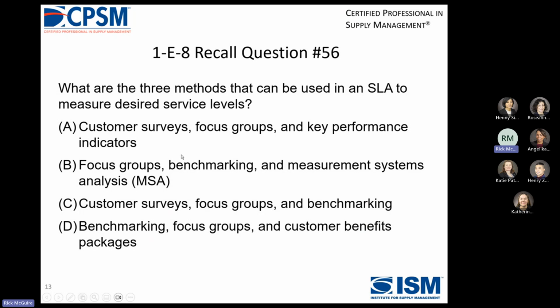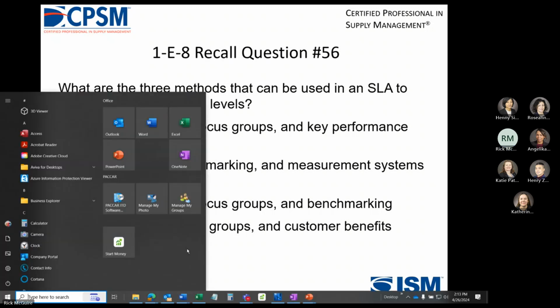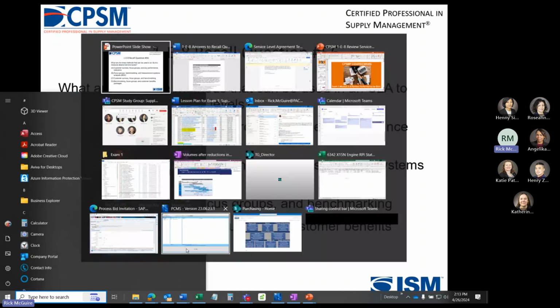I'm not sure that that is a measurement device. So I would say this is probably A. These guys say C, okay. Benchmarking, I guess, is a measurement device, because the three measurement methods given in the text all have comparison or standard measurement to them. So customer surveys, focus groups, and benchmarking. I don't know that the first two are really measurement devices, but okay.